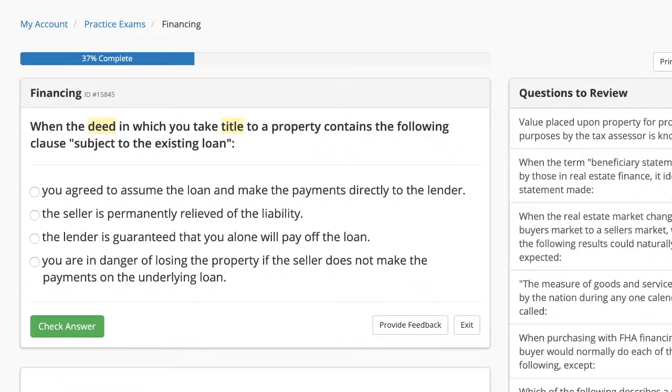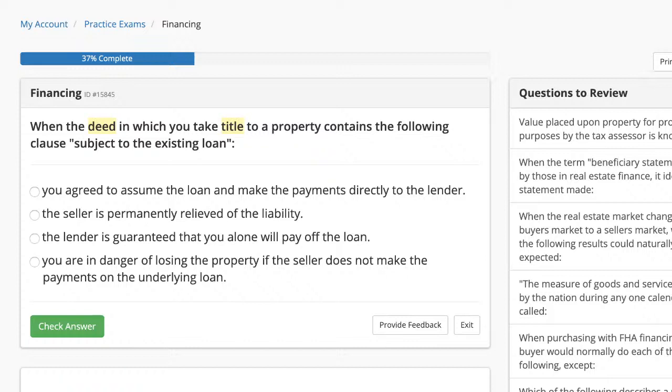When the deed in which you take title to the property contains the following clause, subject to the existing loan: A, you agreed to assume the loan and make the payments directly to the lender. B, the seller is permanently relieved of the liability. C, the lender is guaranteed that you alone will pay off the loan.